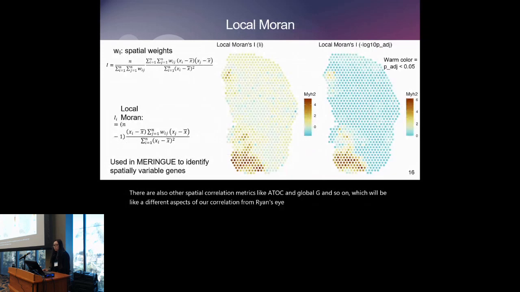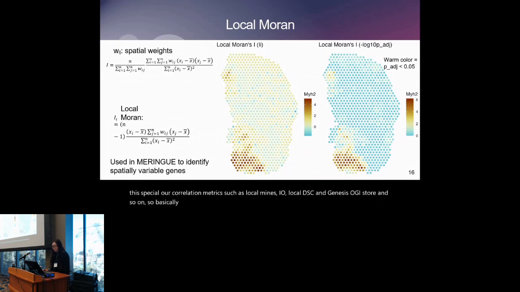Moran's I is only one number for the entire data set, and that would obscure a lot of the local heterogeneities. So we also have local versions of those spatial autocorrelation metrics, such as local Moran's I, local Geary's C, Getis-Ord Gi star and so on.